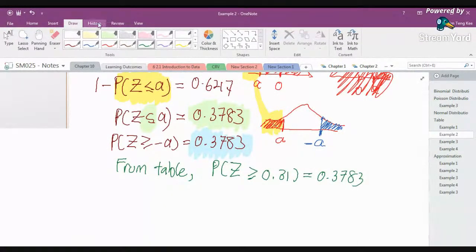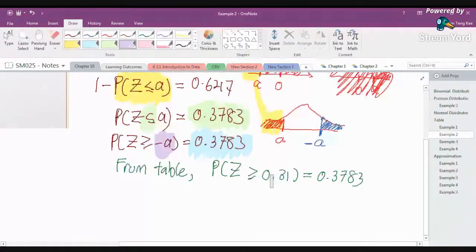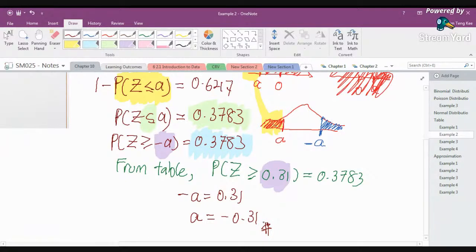So next, what we do is compare the part I highlighted in purple now. So you have the answer: negative A equals 0.31, and A equals negative 0.31. So that's the answer for the first part.